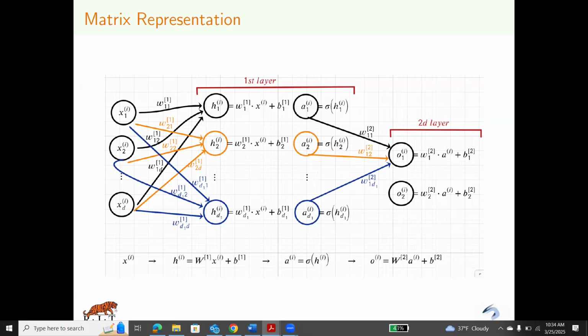So let's talk about automatic differentiation. There are different frameworks. We will use PyTorch, which has an implementation of automatic differentiation.